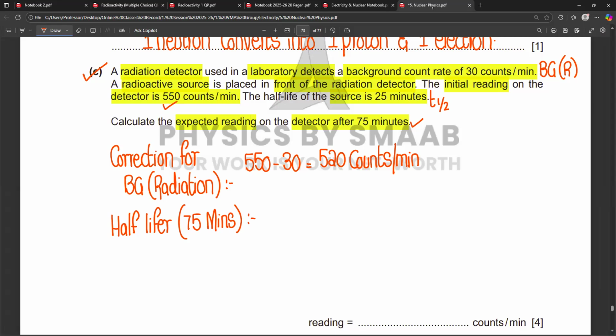So we have 520 divided by 2, 260, right? Then further split into half, 130.